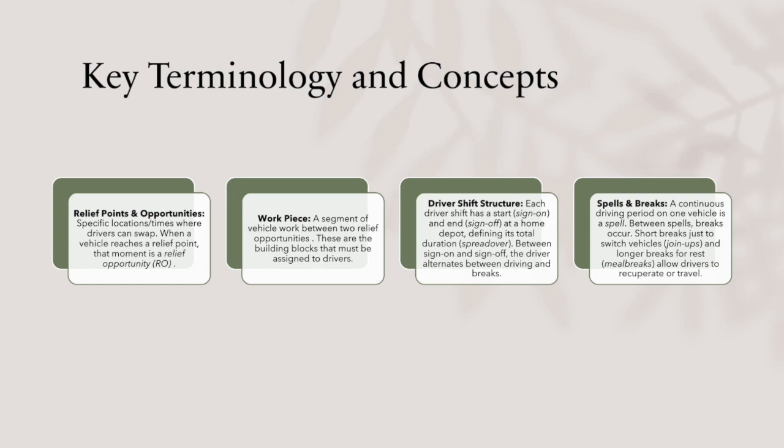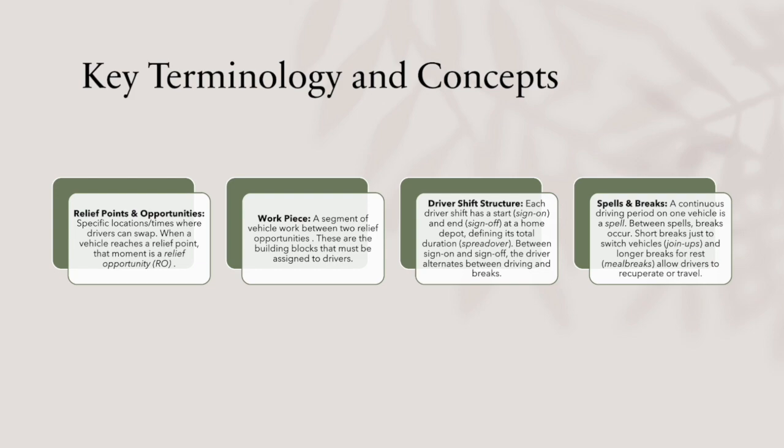Spell 2: drive route 17. Meal break 40 minutes in the city crew room. Spell 3: drive to Fairwater. Sign off is at 1:45. Spread over is 7 hours 50 minutes. 3 spells, 2 breaks, 6 workpieces if we slice each inbound and outbound separately.